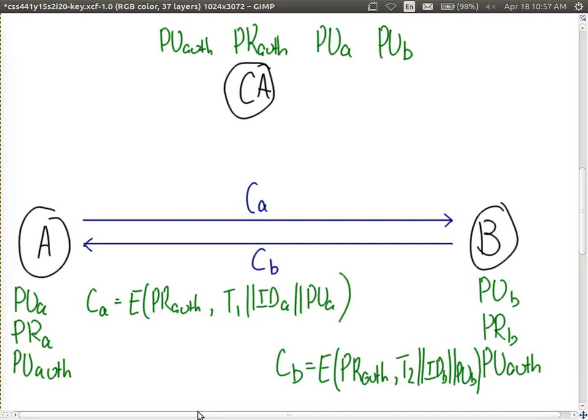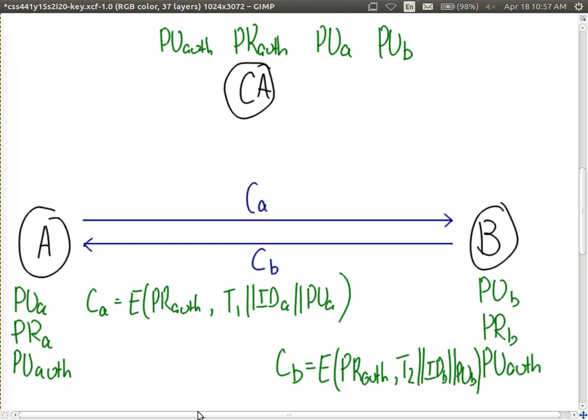We obtained that in the manual exchange. So when B receives the certificate of A, it verifies, using the public key of the authority, that that certificate has not been modified, it's valid. It was signed with the private key of the authority. It should successfully decrypt with the public key of the authority. Once we verify, we now know the public key of A.